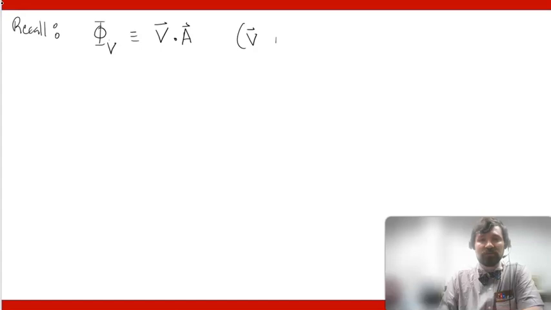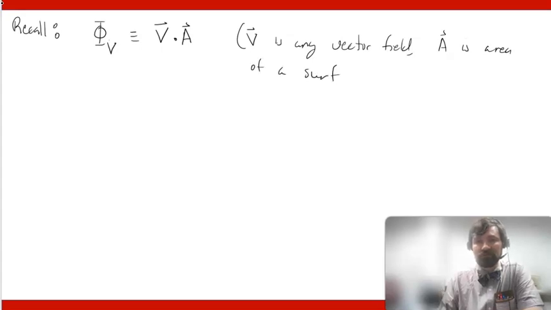So V is any vector field, A is area of a surface for which the flux is defined.